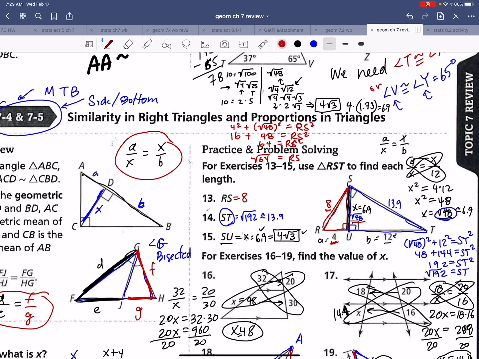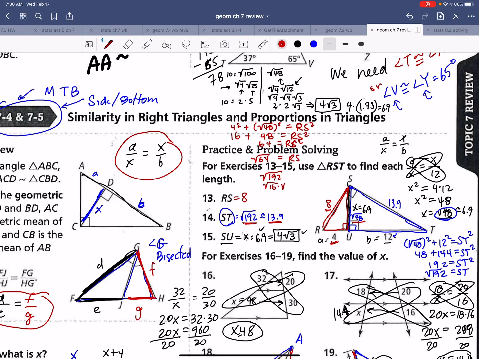So now, the last piece is, well, what if ST wasn't this and wasn't that? Can we break apart the square root of 192? Okay, so let's try to break that apart like we did the square root of 100. Let's see if there's a 4 in there. 192 divided by 4 is 48. Oh, so there might be a 16 in there. I'm going to try that. 192 divided by 16, yeah, is 12.